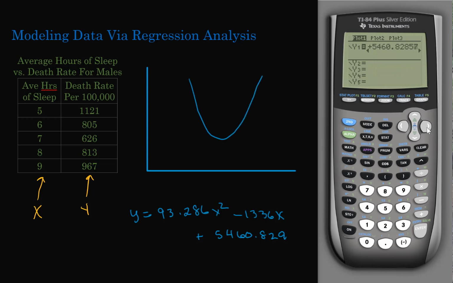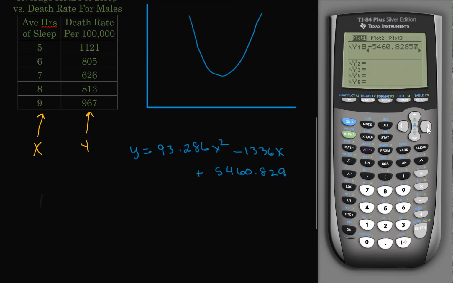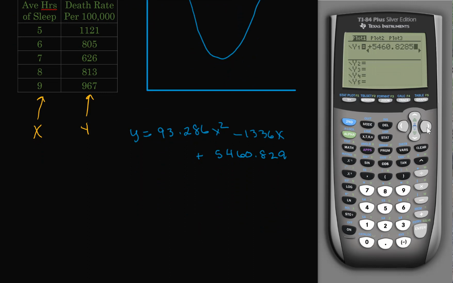It goes like this. As you can see from the graph that we've already done, it fits the data pretty well. With this equation, we can now do some estimates. For example, we can estimate the rate at 10 hours of sleep.